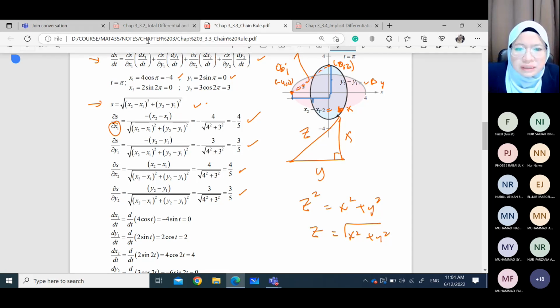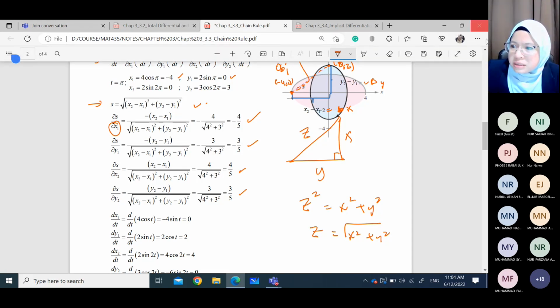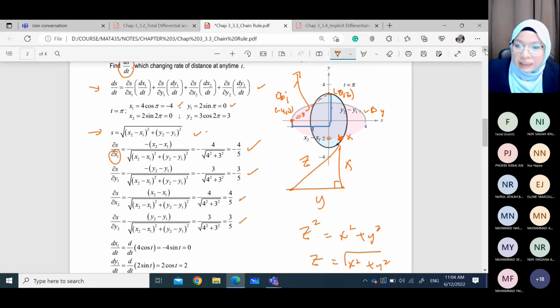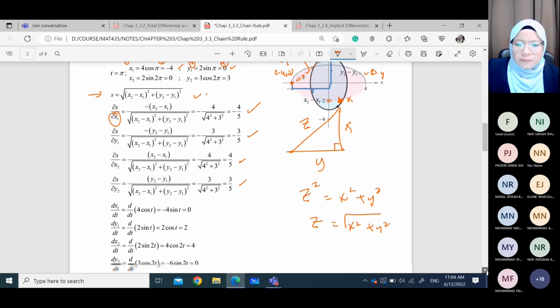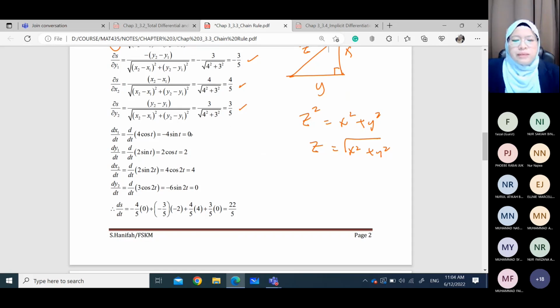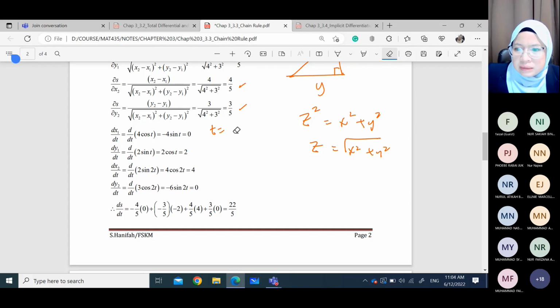Okay, so what else do you need to find? There are many things to find here, about 8 pieces of information. The first, second, third, fourth. So next you need to find the derivative with respect to t of X1, Y1, X2, Y2. You just differentiate and enter t equal to pi, and then you will have the values here.